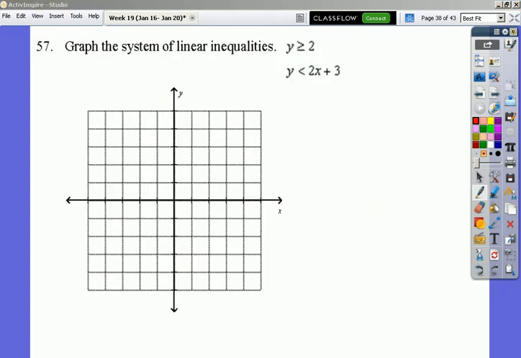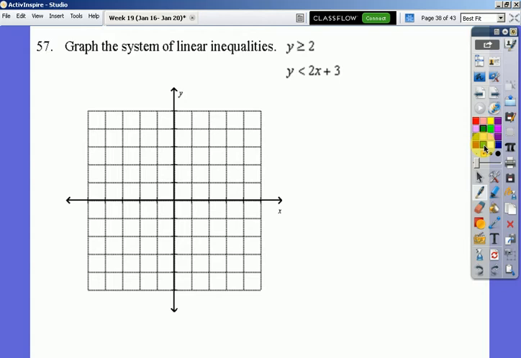Okay, so now we're graphing a system of inequalities. So rather than one inequality and shading, we're graphing 2 or more. Remember, a system can have 3, it can have 4, it can have as many as you want, as long as I have more than one. Most of the time in Algebra 1 we'll be dealing with a system of two inequalities. So in this case, I want to graph the first line. Is that going to be solid or dotted? It's going to be solid.